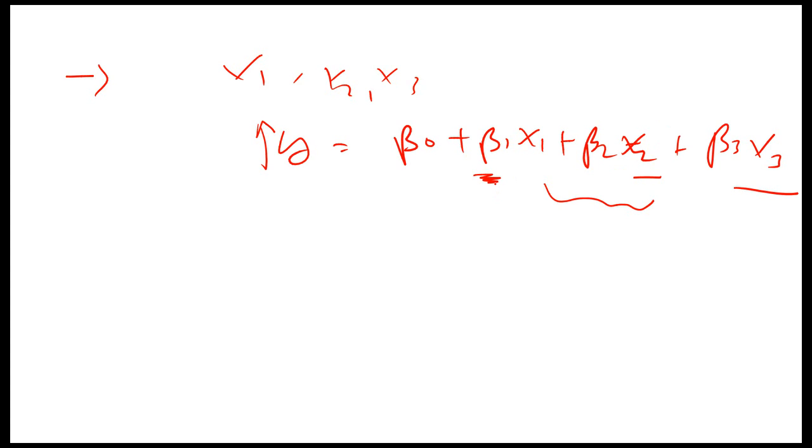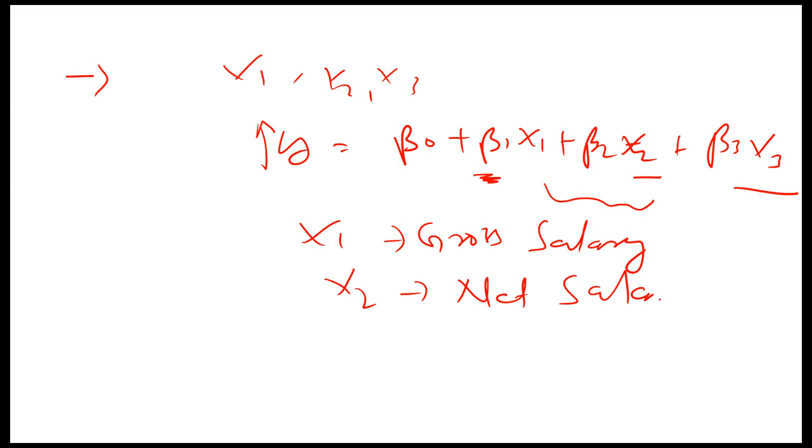Now I'll give an example: your gross salary and net salary. Say x1 is your gross salary and x2 is your net salary. Do you think these two variables will be correlated? Yes, they will be very correlated, like 0.8 or 0.9 correlation.